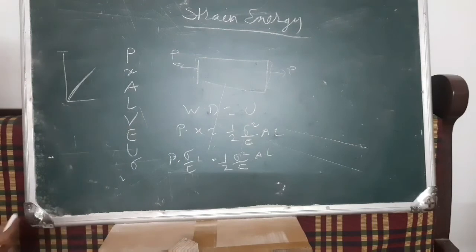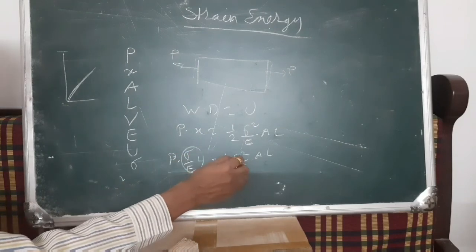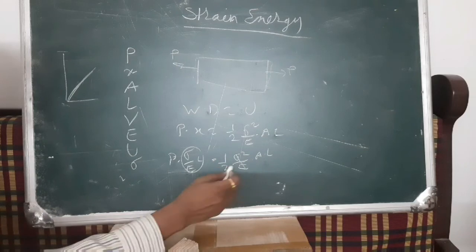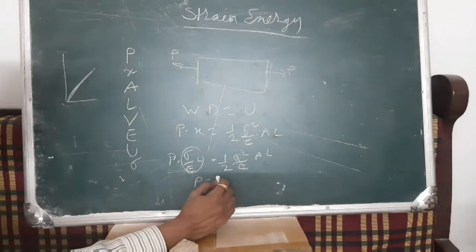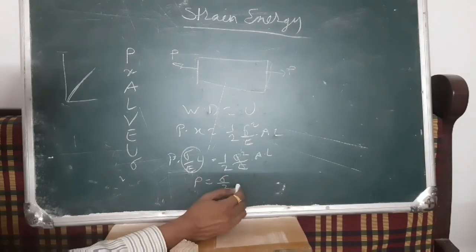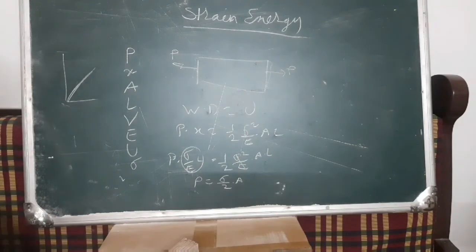So if you cancel L in that case, cancelling sigma by E into L on both sides, what we get? P is equal to sigma by 2 into A, or what is P by A?